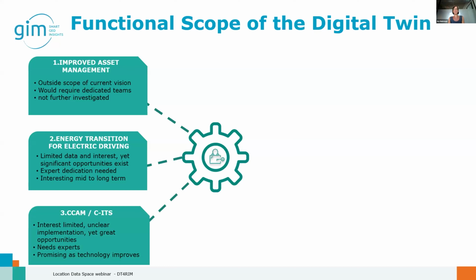Then a third use case is about CCAM and CITS. So also here, the electrification of the mobility and the transportation industry, the availability of IoT sensors along the road network, digitalization of data and information, CCAM and CITS form a crucial technology for the long-term strategy and the vision.